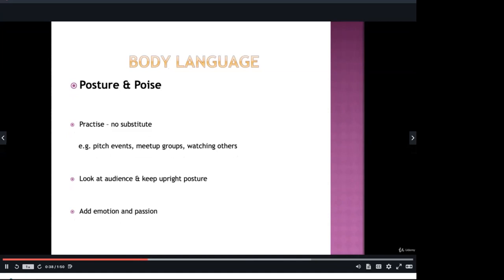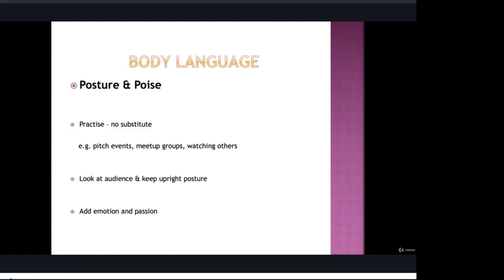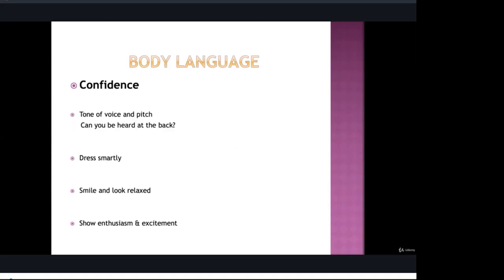The key to-dos are: one, keep an upright posture at all times. Face the audience as much as possible and keep good eye contact. Add emotion and passion to your presentation. Confidence: you must be confident with your delivery.